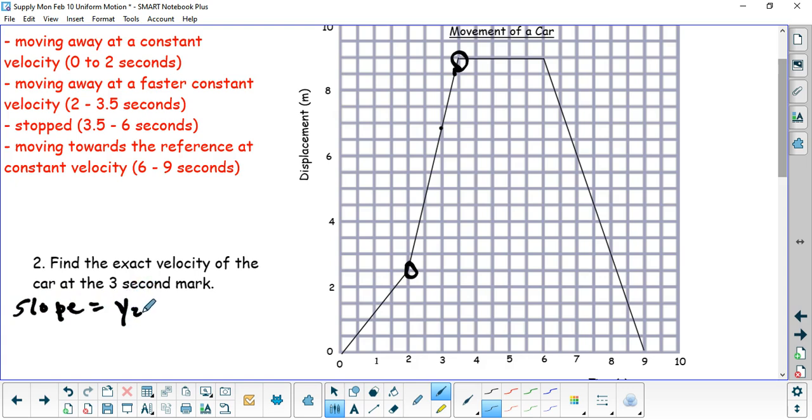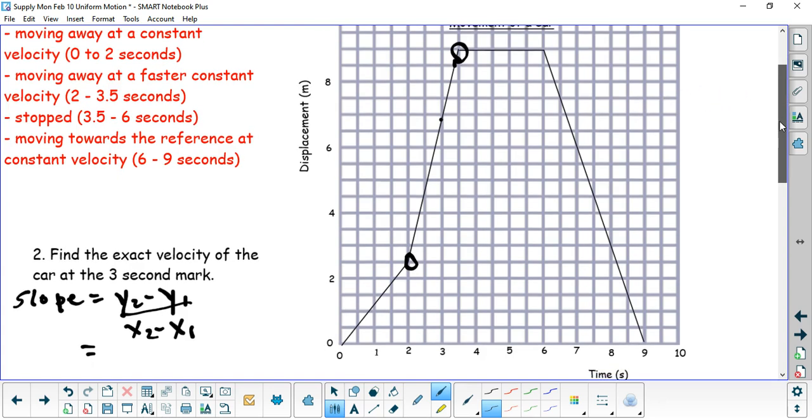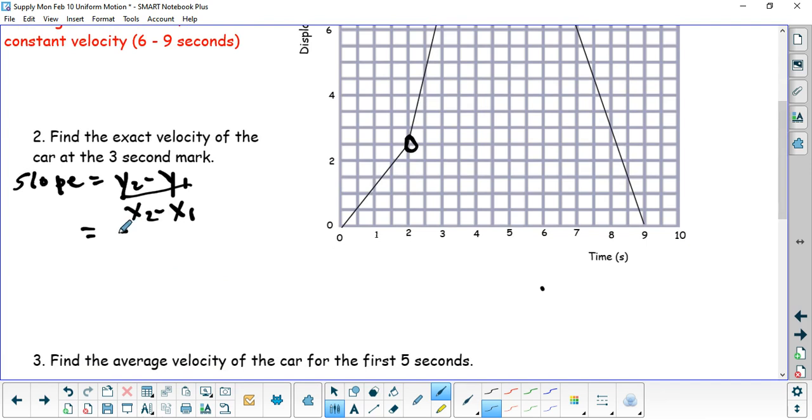So remember, my slope is my rise divided by my run. So I need my 2 points. And I want to pick points like I did that are really easy to read. So I have 9 and 2.5 as my rise. And then my run, I have 5 and 0.